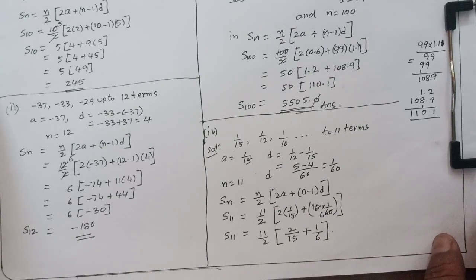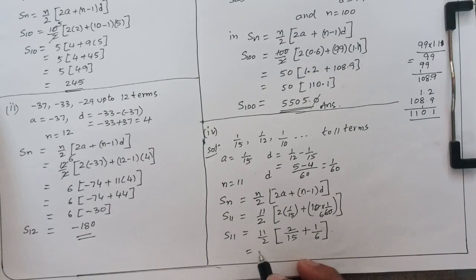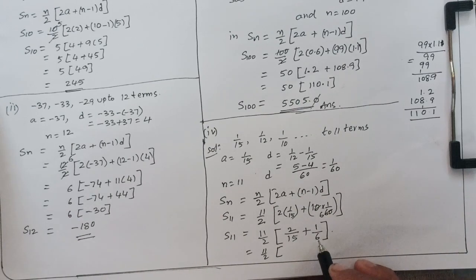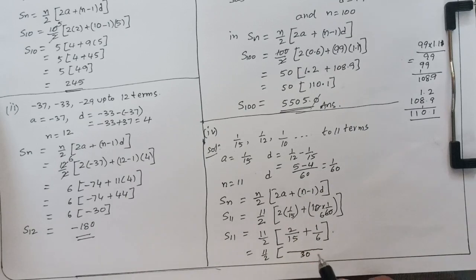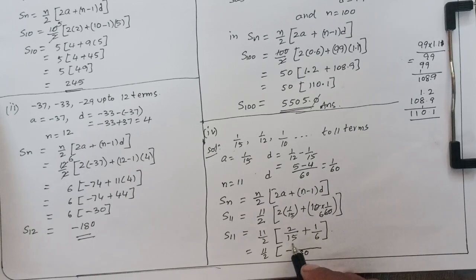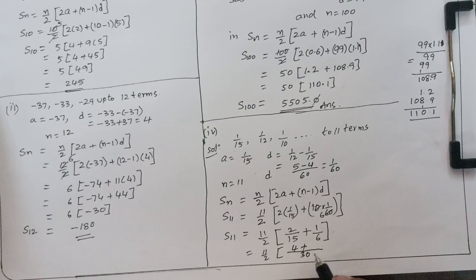The LCM of 6 and 15 is 30. 15 twos are 30, so 4, plus 6 fives are 30, so 5.